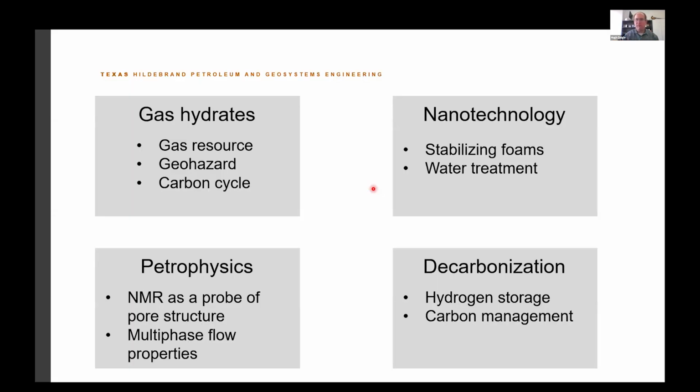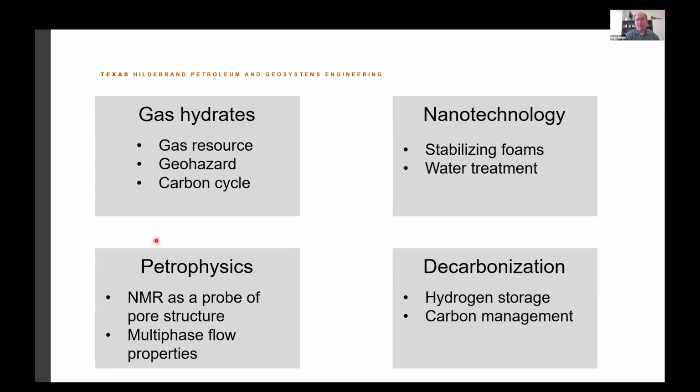So right now, my research focuses on four different areas. We are looking at gas hydrates, both as a resource and also on the scientific side as a geohazard and looking at their role in the global carbon cycle. We have some work on nanotechnology right now, using nanoparticles to stabilize foams and also to treat produced water to remove oil from it.